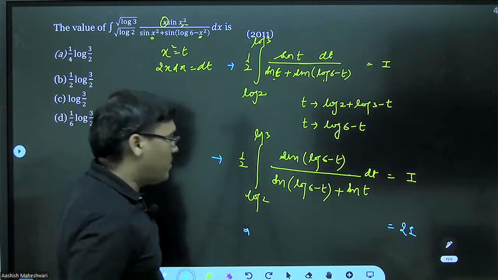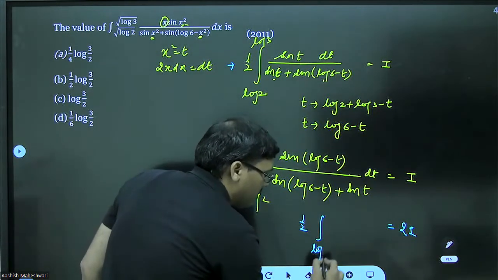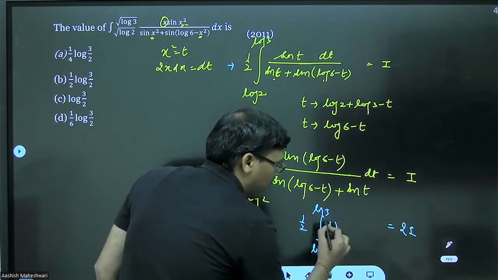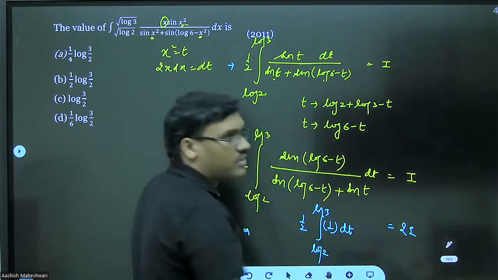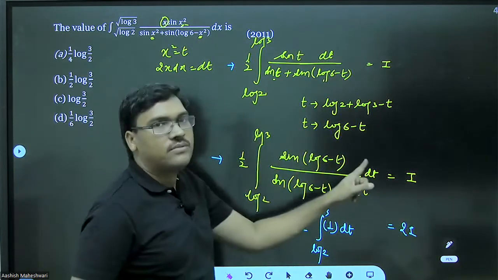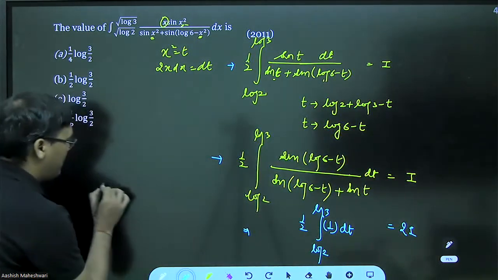That means this will be equal to 1. So this is the integral from log 2 to log 3 of 1 dt. You can just observe that if I add this function plus this function, you will find this is equal to 1.